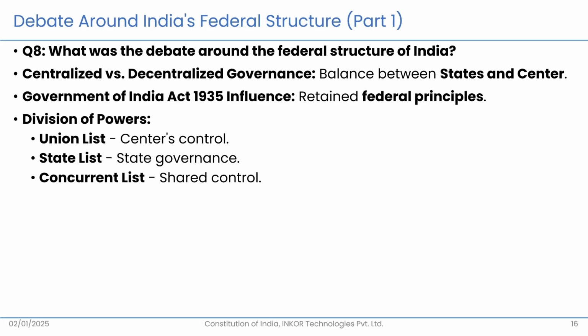Many of its provisions were retained, but with important modifications to strengthen state governance. To define power distribution, the Constitution created 3 lists. The Union list, which included subjects under central control, such as defense and foreign affairs. The State list, which allowed states to govern areas like police, health, and agriculture. The Concurrent list, where both center and states shared power over subjects like education and criminal law.